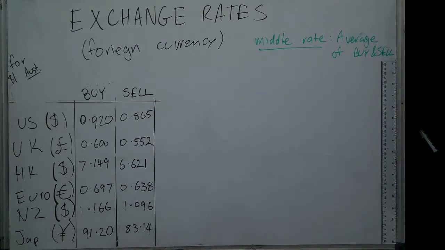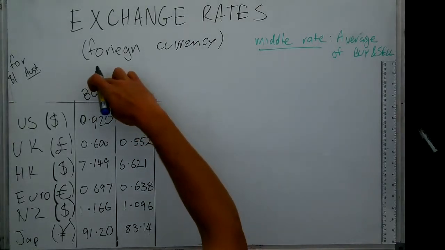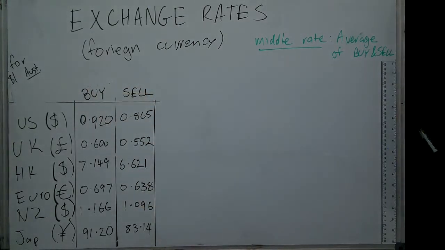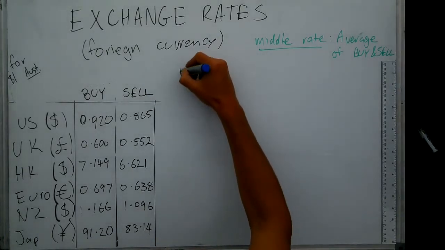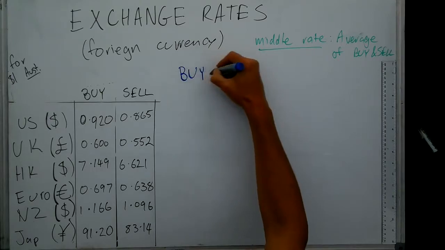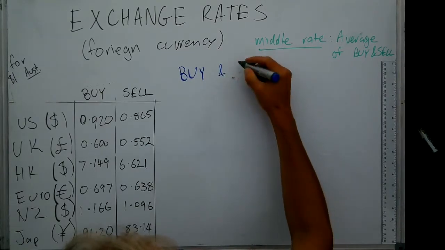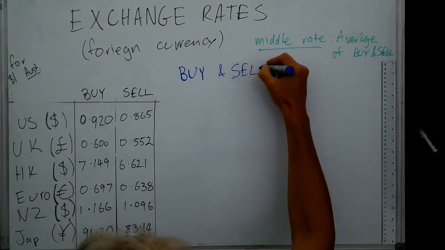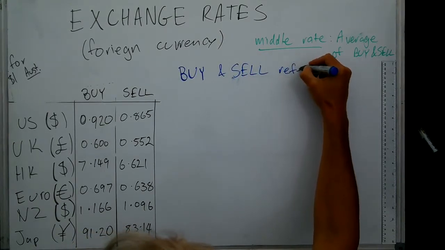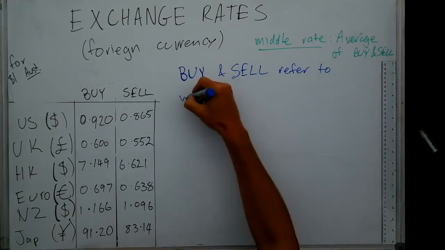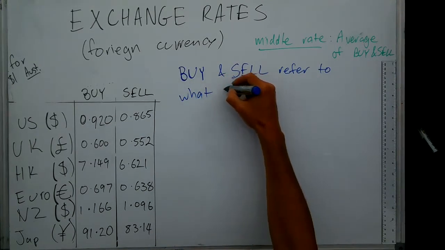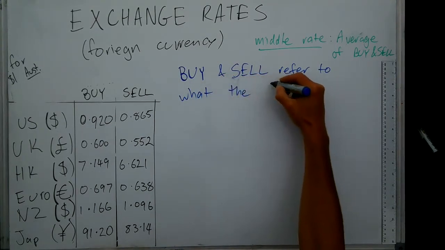Okay, so the important thing to understand here is we have buy and sell, and people always get these around the wrong way, because what you need to understand is buy and sell refer to what the bank does for you, the customer.